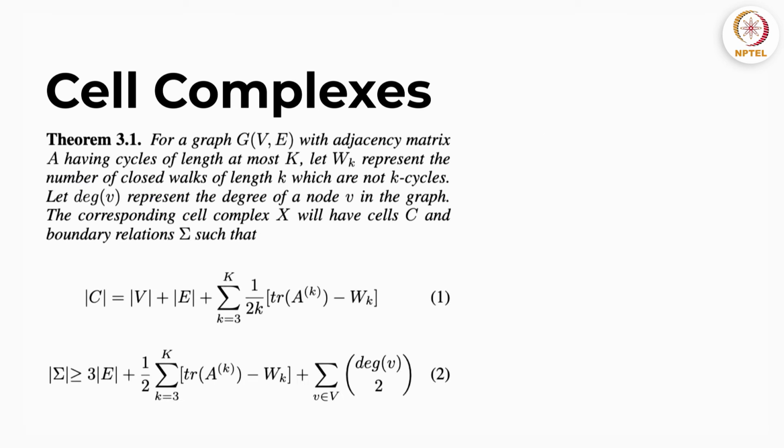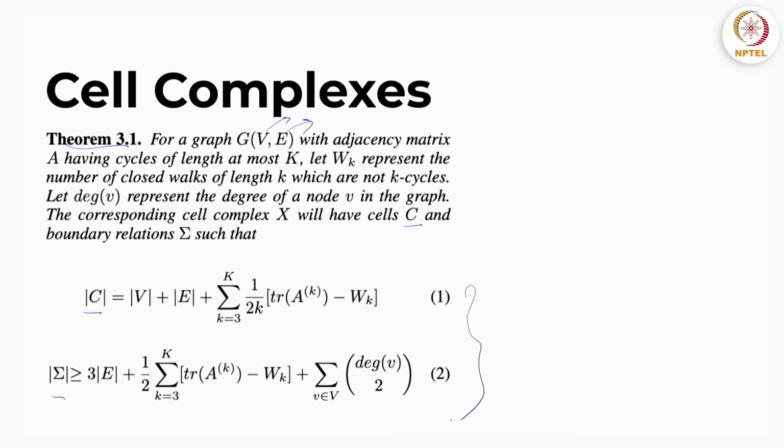Formally, we show this in Theorem 3.1, where we take a graph having V vertices and E edges, as well as some cycles. We show that the cell complex will have the C cells and sigma boundaries such that the size is bounded as shown in the equation.